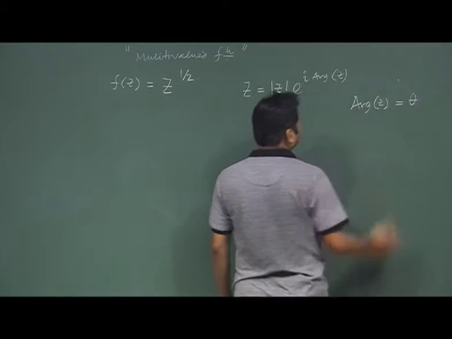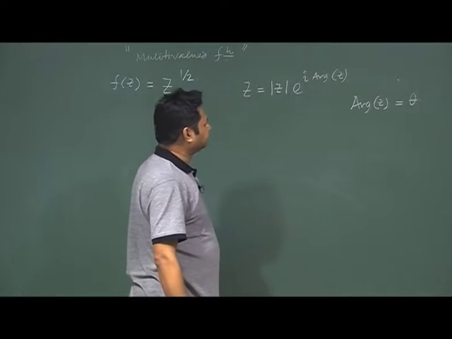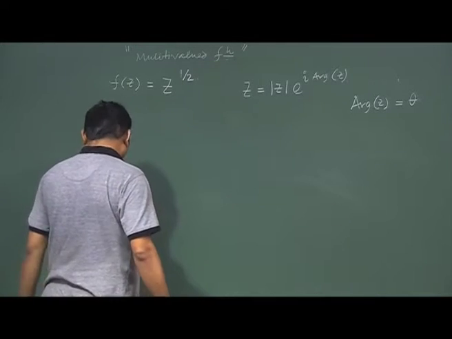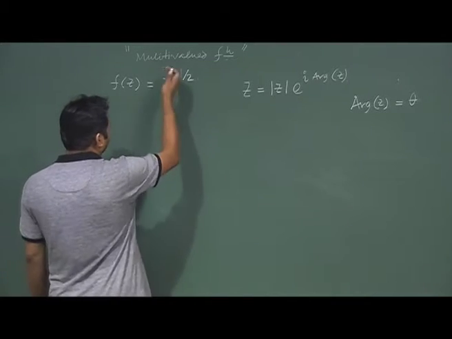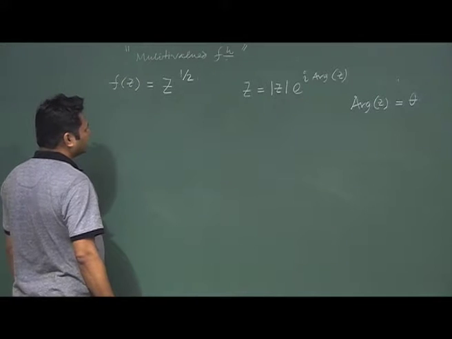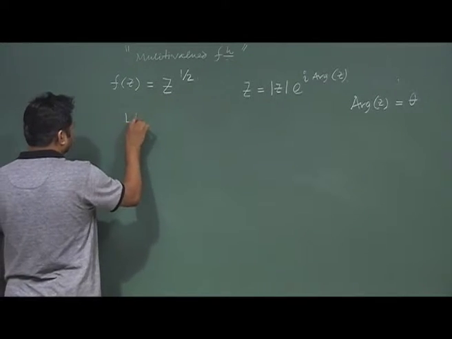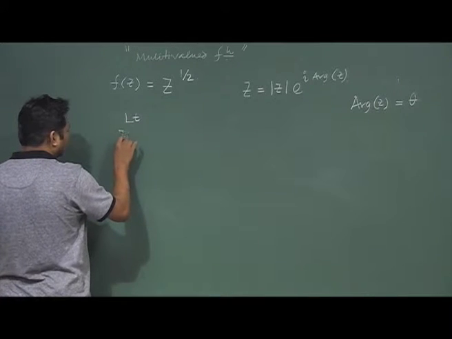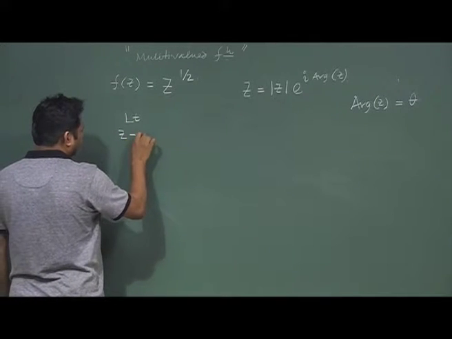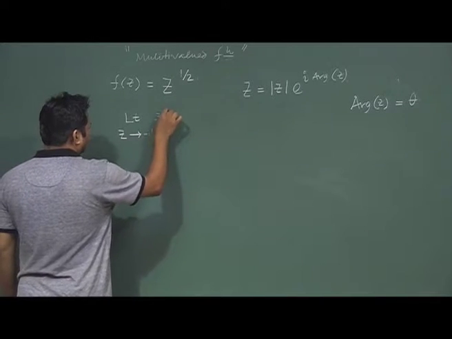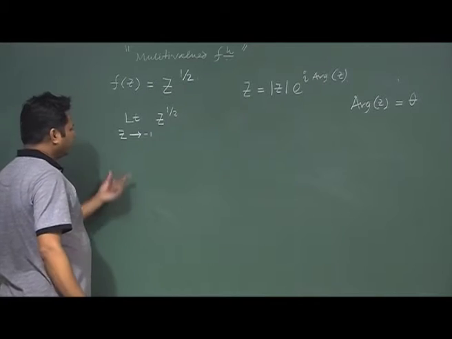And big argument suggests that there is a limit on this theta. Now, this actually gives something quite different if I try to find the value of the multi-valued function at a certain limit. For example, if I want to find the limit as z tends to minus 1 of z to the power half, what is the meaning of that?